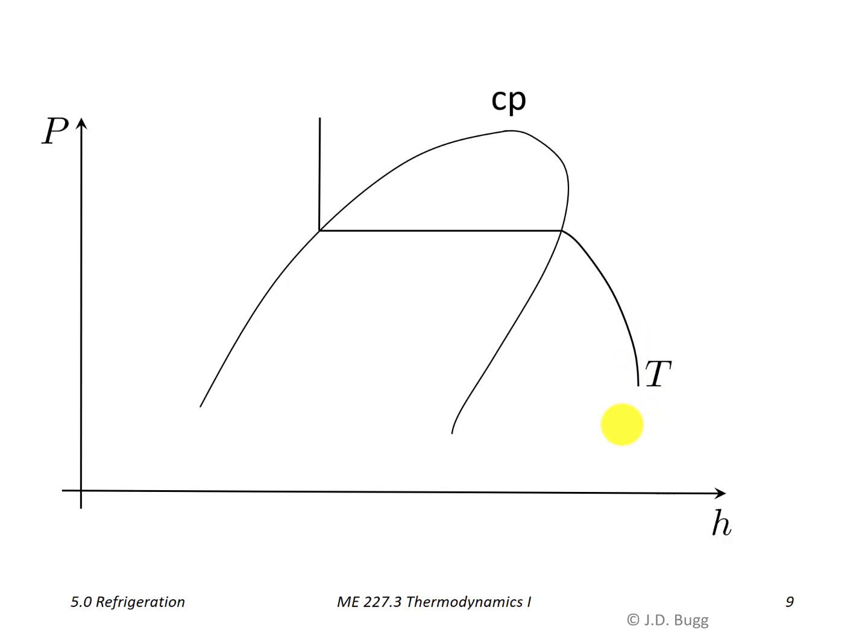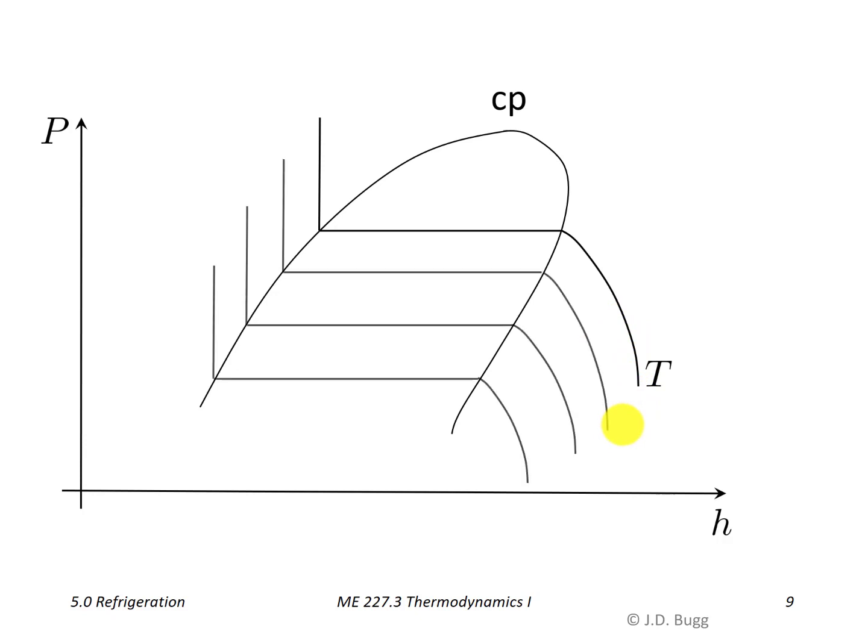And if we look at different temperatures, those curves are all going to be similar, but of course they slice through the liquid vapor region at different pressures. So this is looking at decreasing temperature as we go in that direction. Another thing we want to know about a pH diagram is what does a line of constant entropy look like.